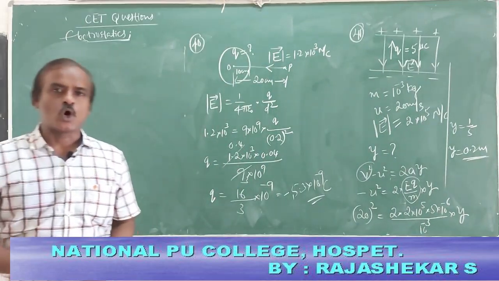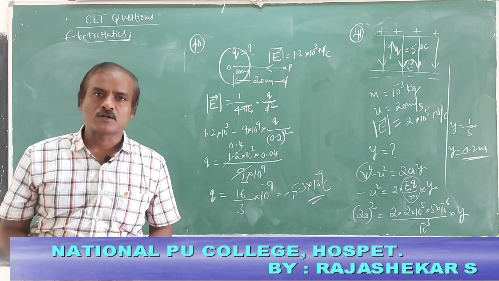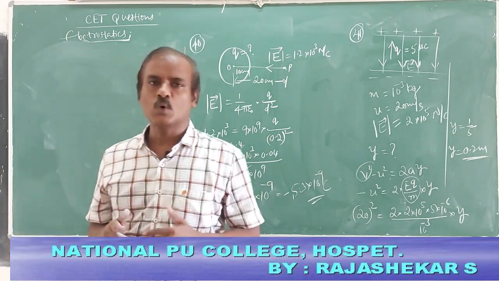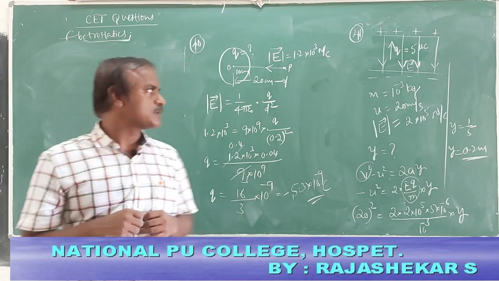Electron generally moves opposite to the direction of electric field because electron is a negatively charged particle. So negative charged particles move opposite to the direction of electric field.